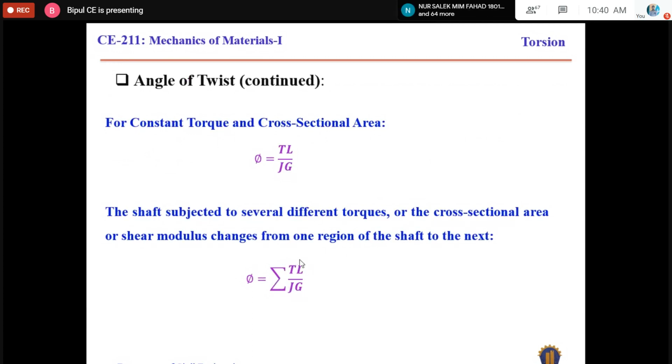To use this equation, we have to determine the developed resistant torsion within length L, and we have to determine the polar moment of inertia of the section within the length.